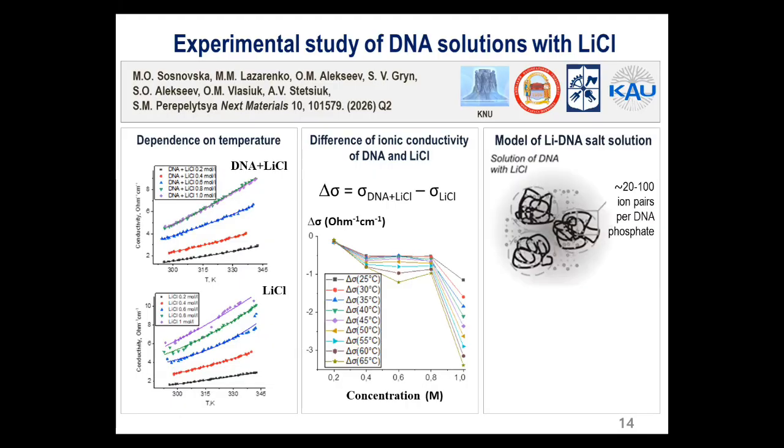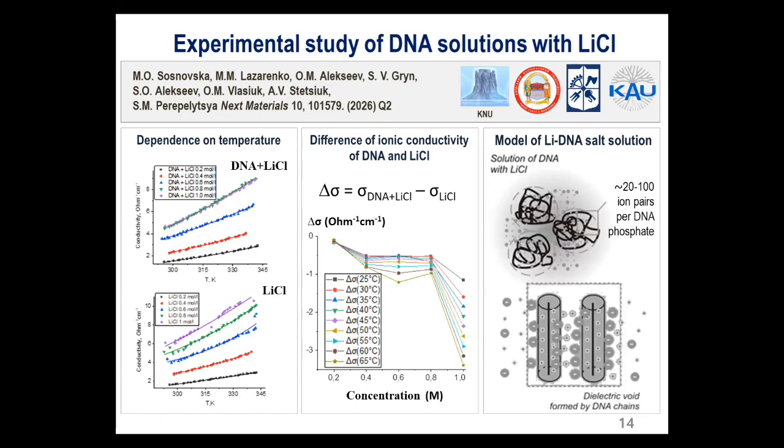And we explain this result as trapping of the ions. So DNA traps the ions, but it trapped too much. We need to explain this result. We need to trap up to 100 ion pairs in some region, I mean 100 ion pairs per one phosphate group.